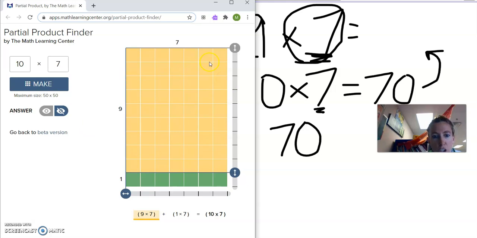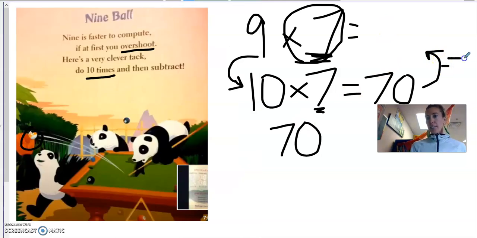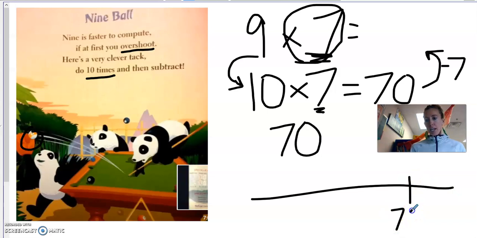But we know that this whole thing is 70 because 7 times 10 is 70. So we need to take away this chunk down here. We need to take away how many? Not just one, we need one set of 7. So if I take out one set of 7 and I go back 7. So if you think on a number line, I'm at 70, I need to go back 7.